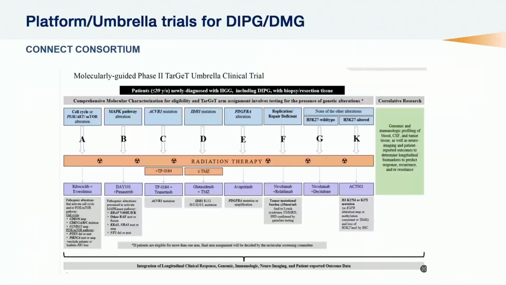And then just to briefly highlight key initiatives for diffuse midline gliomas, there are several larger consortium studies. This is a platform umbrella trial from the CONNECT consortium, where patients with diffuse midline glioma and specific alterations are assigned specific therapies, mainly after completion of radiation therapy and sometimes in combination with radiation therapy, getting to the point that most likely one therapy will not work for all the different subtypes we see in DMGs.